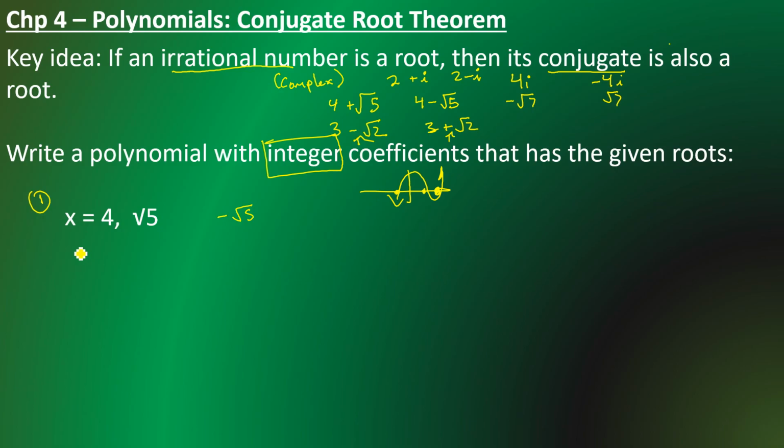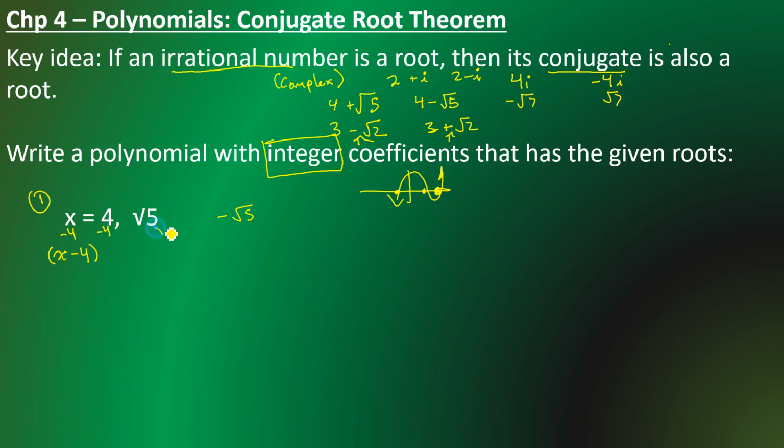Now, given these roots, I don't know exactly what I started with, but I can write the simplest possible polynomial from this information. So the first thing I'm going to do is unsolve this. I'll subtract 4, and I get x minus 4 as my first factor.